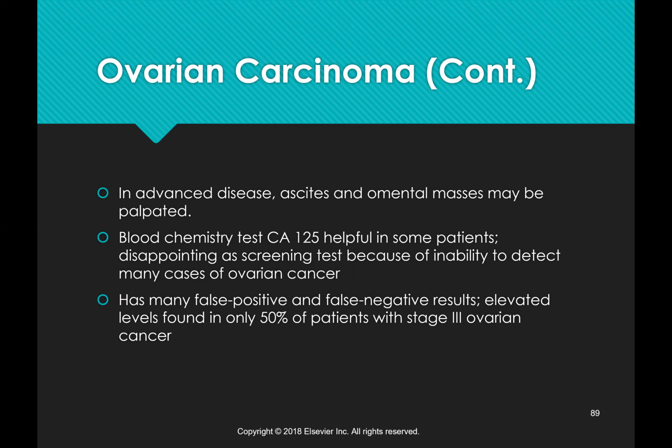In advanced disease, ascites and omental masses might be seen or palpated. You also have the blood chemistry test, CA-125, that is helpful in some patients, but sometimes it's not. The higher the CA-125 level, the more likely that there's some kind of cancer going on.